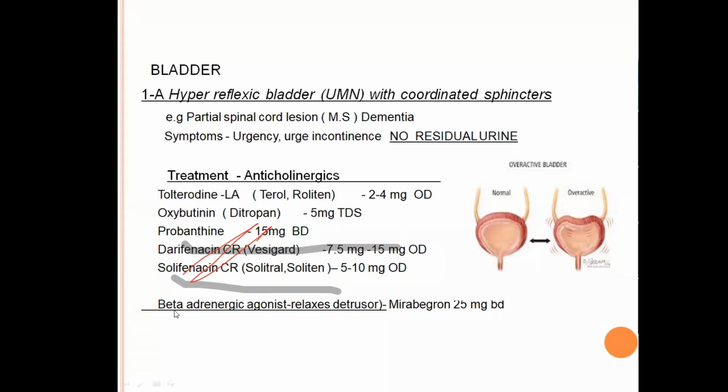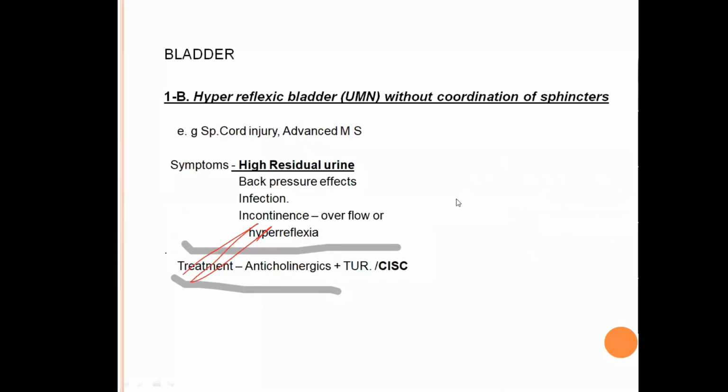Now recently, the beta-adrenergic agonist, as I told you, the beta-adrenergic fiber supplies the detrusor for relaxation. So the beta-adrenergic agonist causes relaxation. That is the one which we use. Mirabegron is a recent addition to the armamentarium for hyperreflexic bladder with no residual urine. Please remember, no residual urine, you can use this. If there is a residual urine, you cannot use this.